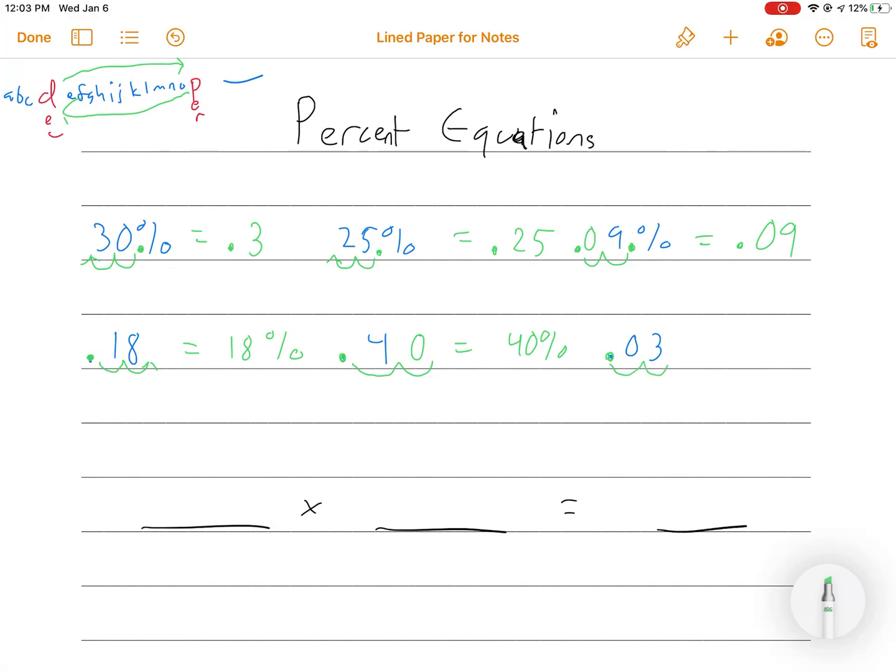So that's 40%. And then 1, 2 spots to the right gets us 3%. So I've given a quick example of a few different types of these that you could see. The reason why this is so important is that when we get into equations with percents, we will have to go back and forth between a percent and a decimal.